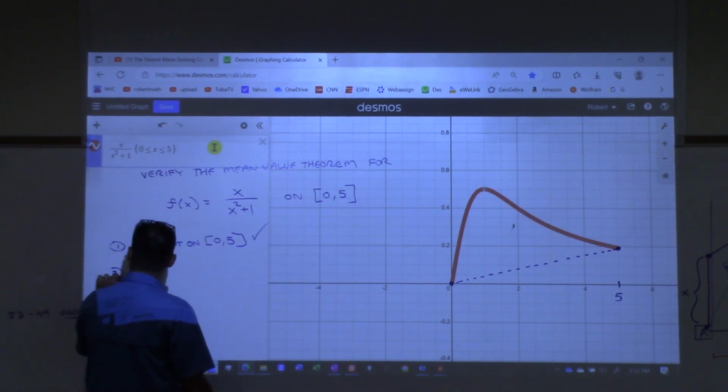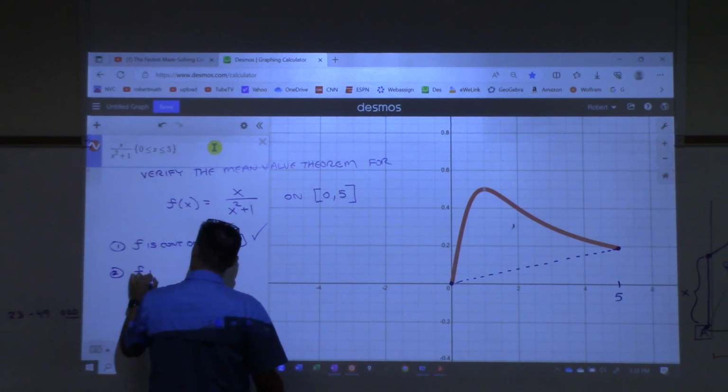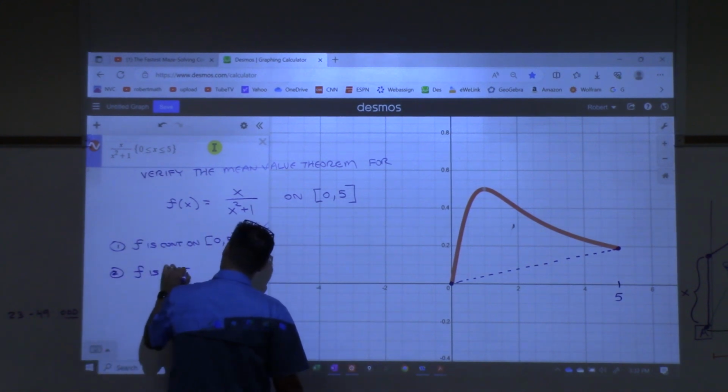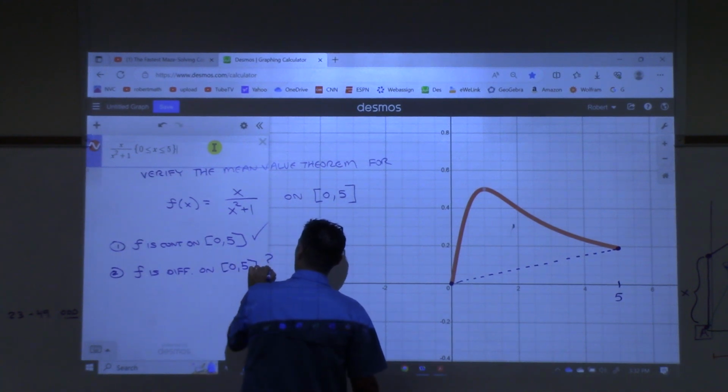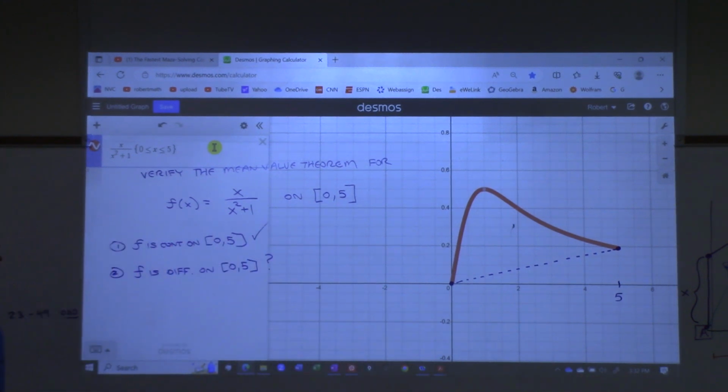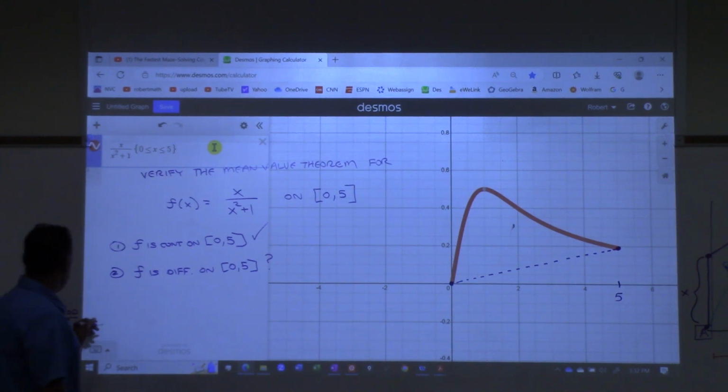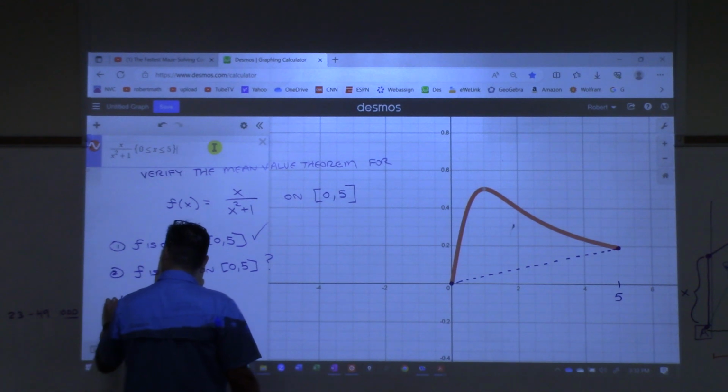2, f is differentiable on 0, 5. Don't know, right? So the only way to know that is to actually take its derivative, and the derivative of that is going to require the quotient rule.